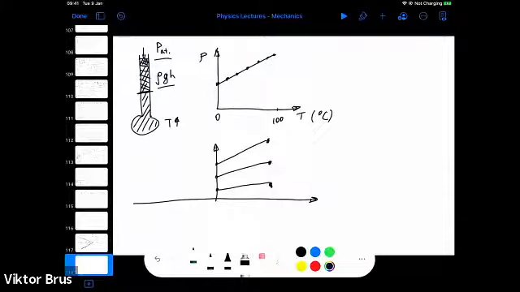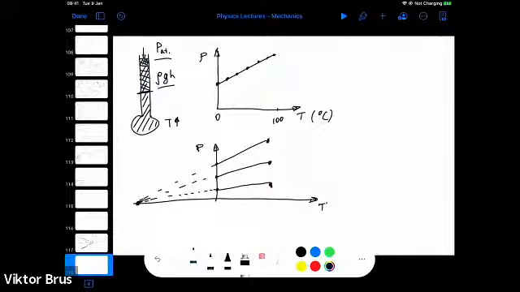So what we can see if we extrapolate this linear dependence for all 3 cases, it will come to the same point when pressure will vanish.